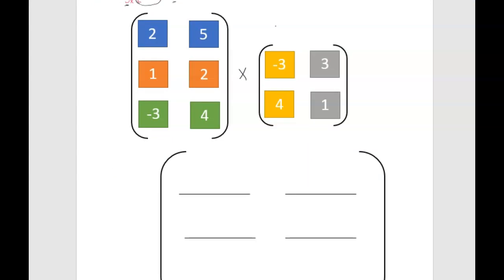All right, so the first step, maybe just underline it in pink, in this cell here, okay, this first section, we're going to be doing this top row times this first column. So first row times first column goes in this first cell. Now, think of it as these numbers, the 2 and the 5, run across and then dive down and multiply themselves with these two numbers.